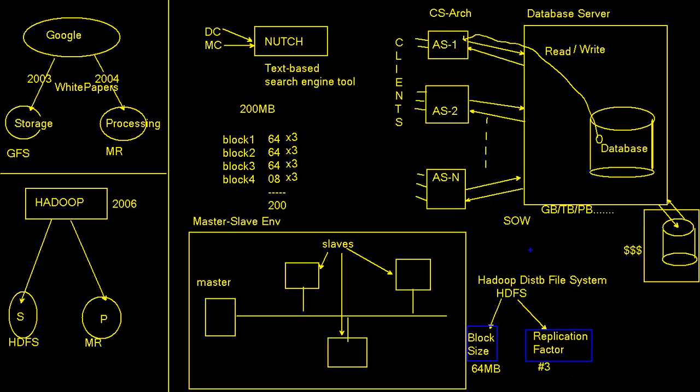That is the concept of high availability. In a client server architecture, if you want high availability, you have to have a backup server, right? Very good. Here, high availability is the natural phenomenon of Hadoop using the HDFS file format.